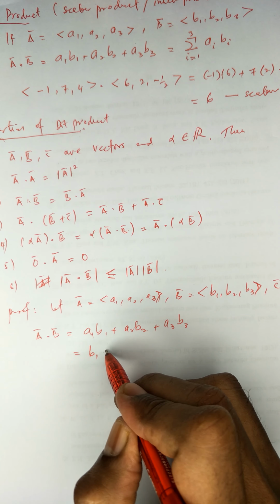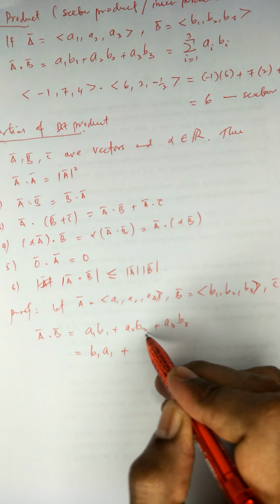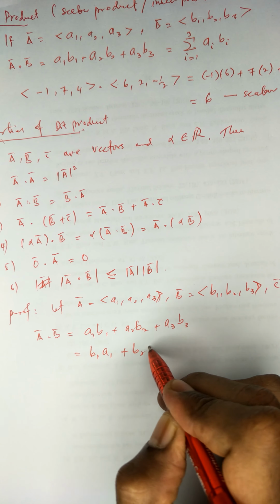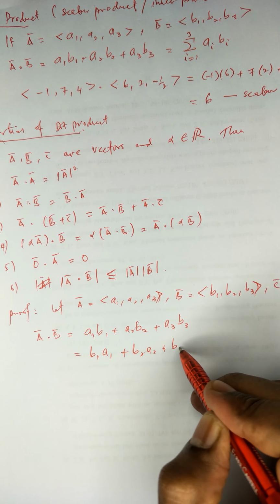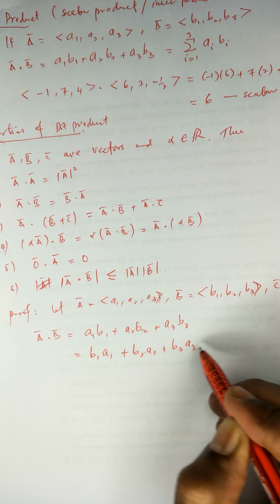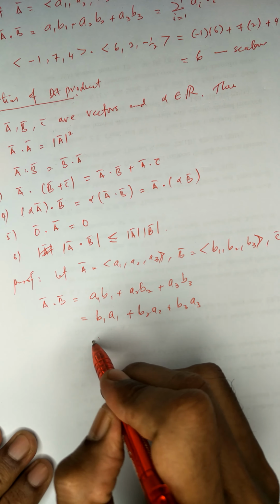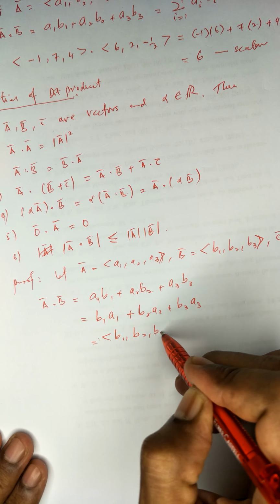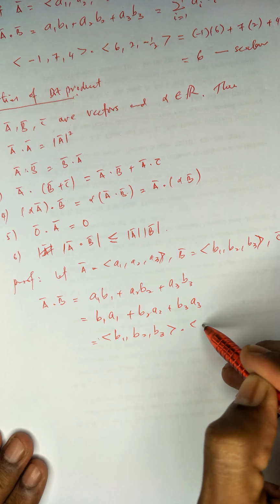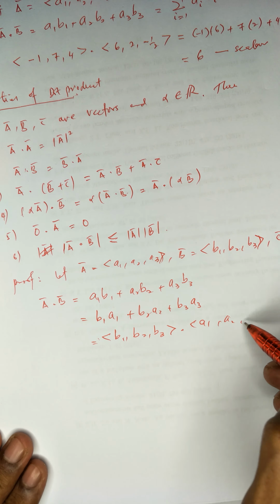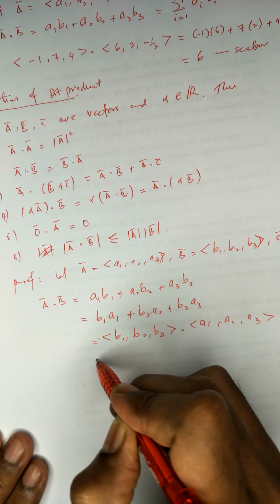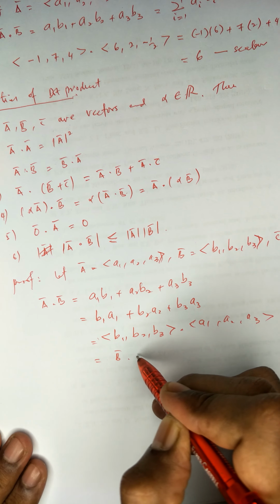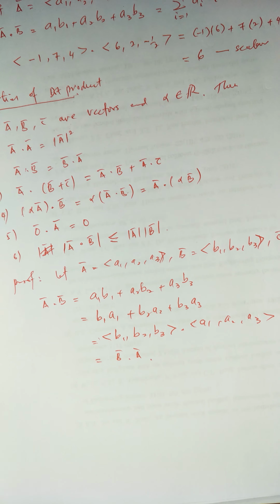So we have B1 A1 plus B2 A2 plus B3 A3. So this is actually (B1, B2, B3) dot (A1, A2, A3), which gives you vector B dot vector A.